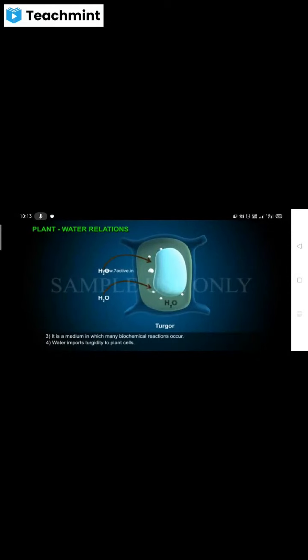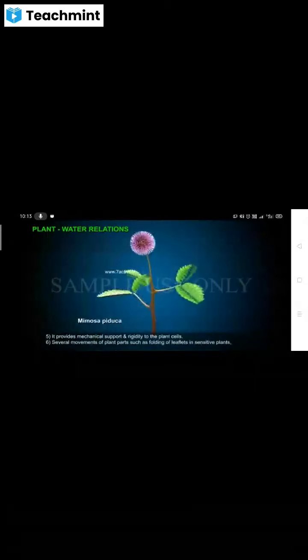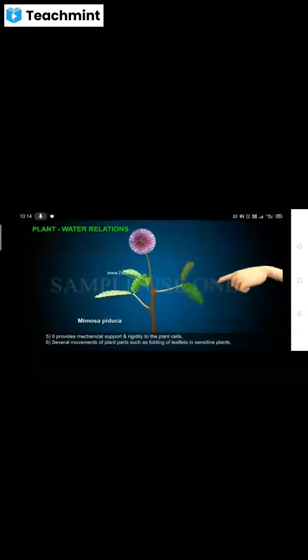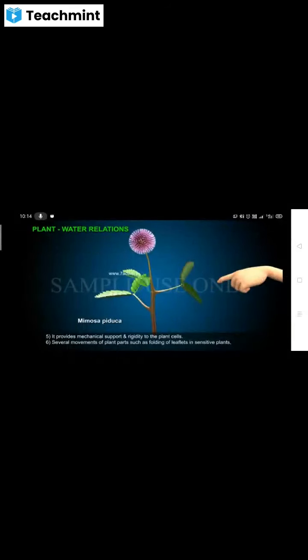Then the fourth main role is that water imparts turgidity to the plant cells. In some cases, plant water relations provide mechanical support to the cells.